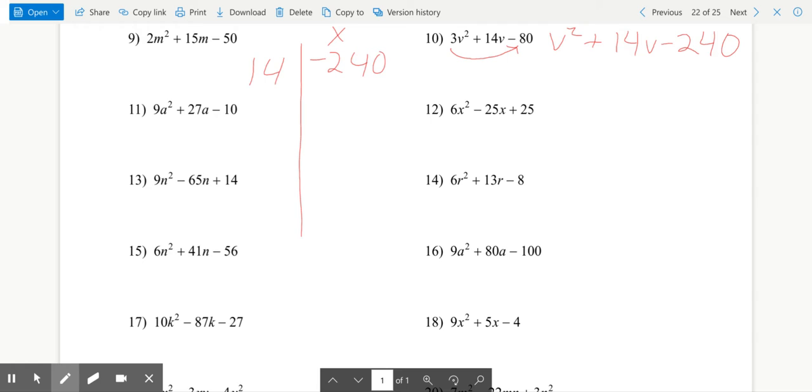So I'm looking for factors of 240. Well, 1 and 240 is obviously going to be way too big, so I'm not even going to write that down. The next one is negative 2 and 120, which is also too big. Negative 3 and 80, still too big. Remember, we're looking for something that adds to 14. Negative 4 and 60 is still too big.